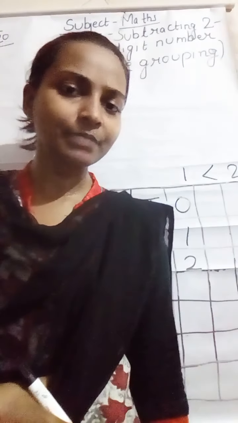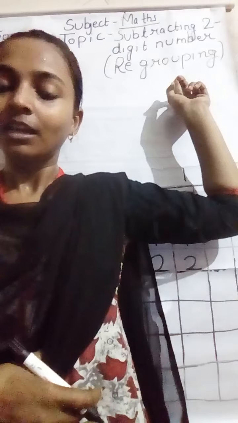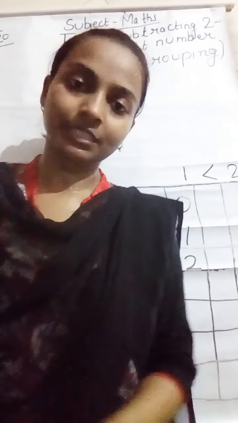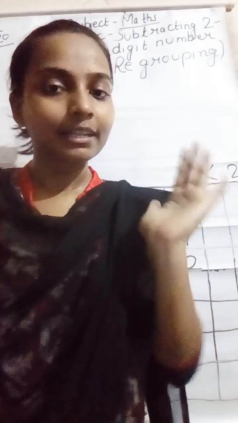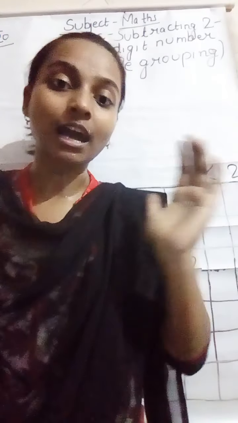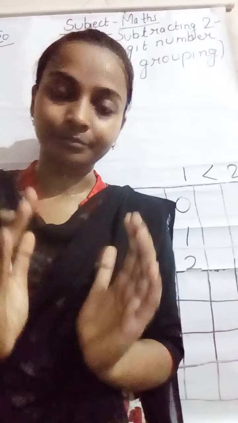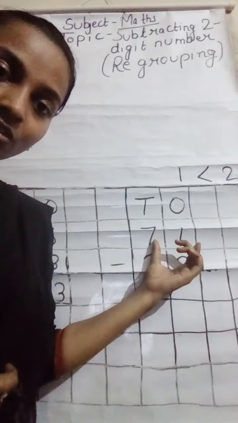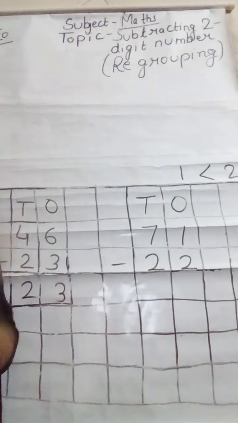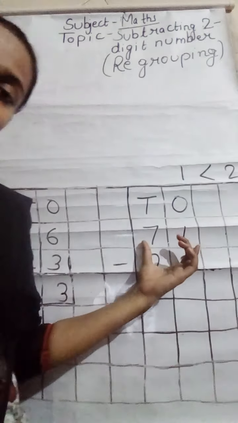You have already heard the words grouping and regrouping. What is regrouping? Firstly, grouping means people or things are in a group. Just like that, the ones column and the tens column are in a group.